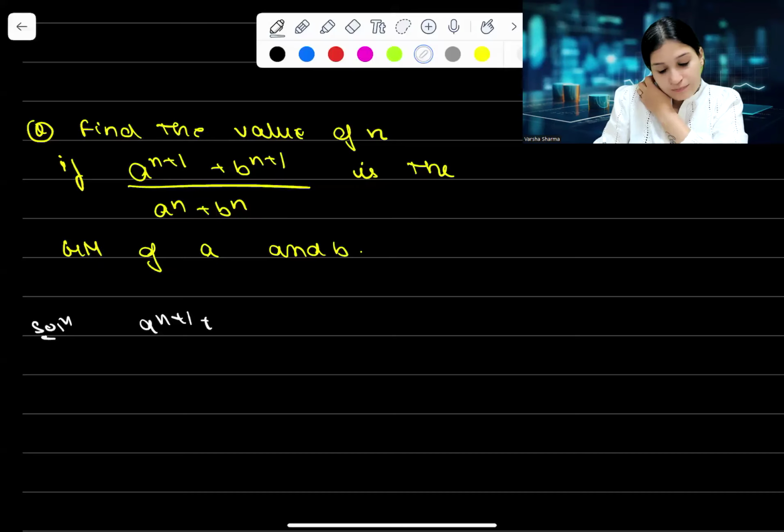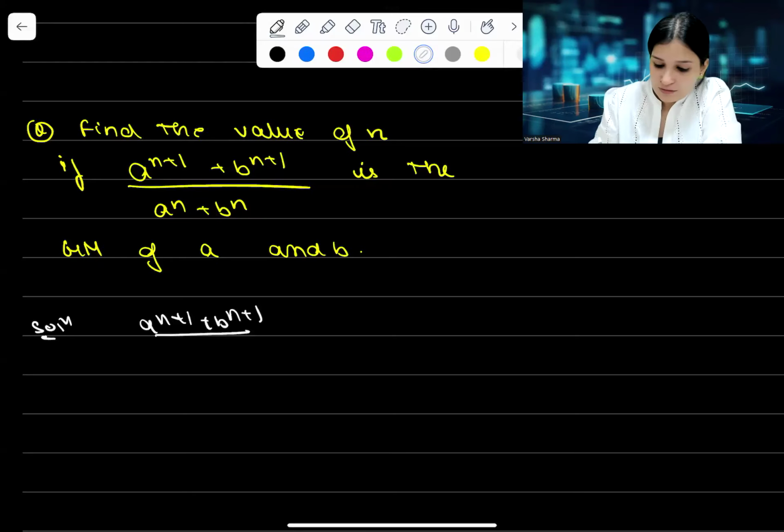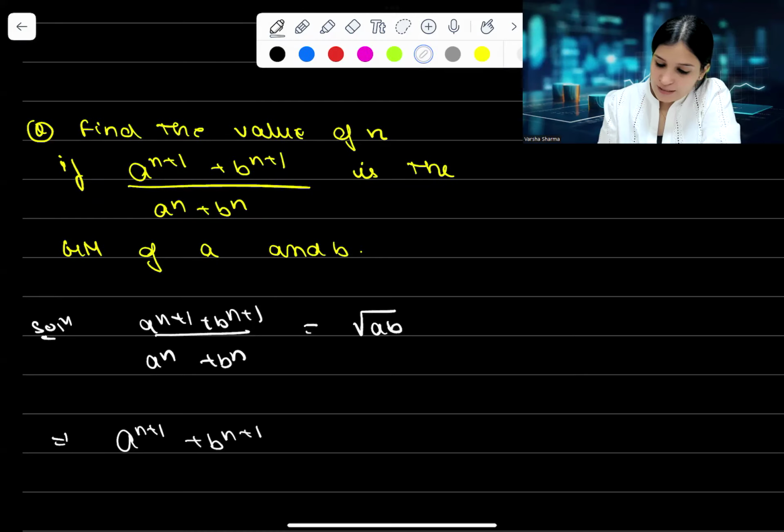Here, a^(n+1) + b^(n+1) over a^n + b^n is the geometric mean, so root AB. Cross multiplying: a^(n+1) + b^(n+1) = (ab)^(1/2) times (a^n + b^n).